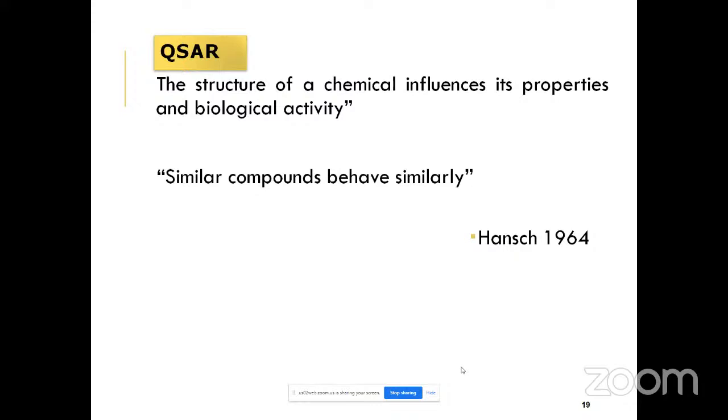He also thought that similar compounds can behave similarly, because they have similar physicochemical properties, and similar physicochemical properties can dictate similar biological activity. Based on all these assumptions of Hansch, the QSAR tool has been developed.